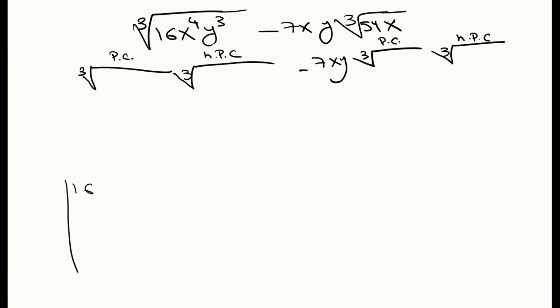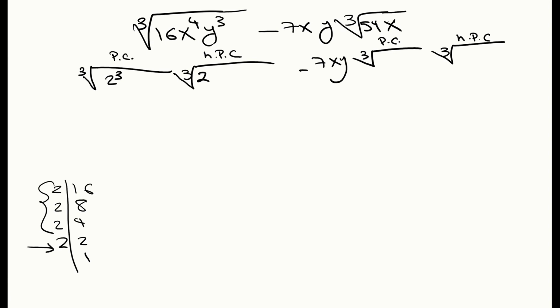So 16, we'll break it down into 2, gives us 8, 2 gives us 4, 2 gives us 2, and then 2 gives us 1. So we notice there's a perfect cube hidden there. It's 2 cubed, and we right away take care of the 2 in the non-perfect cube radical so we don't forget it.